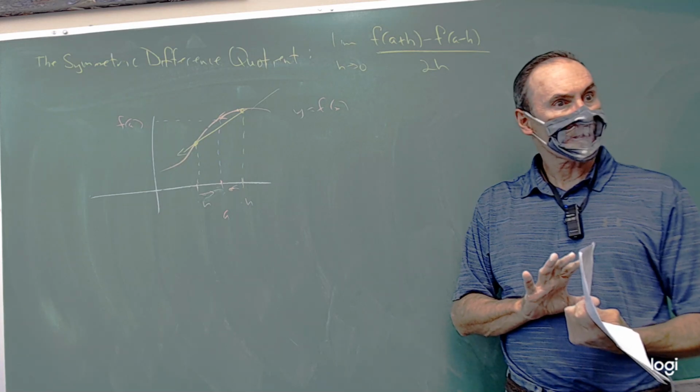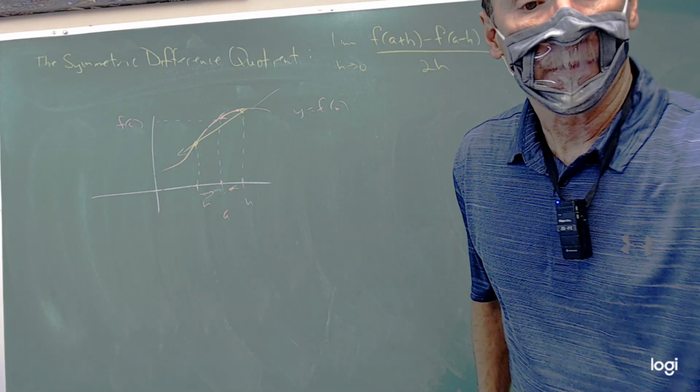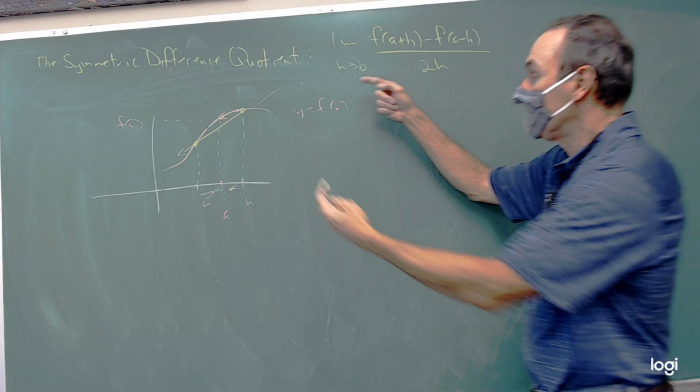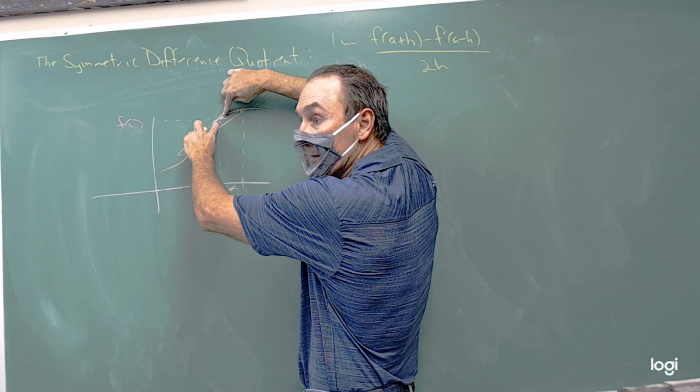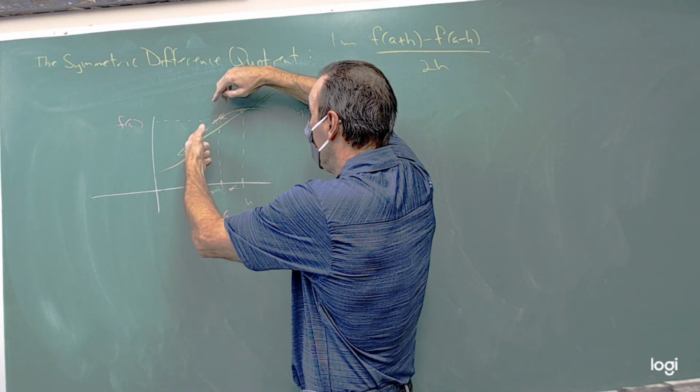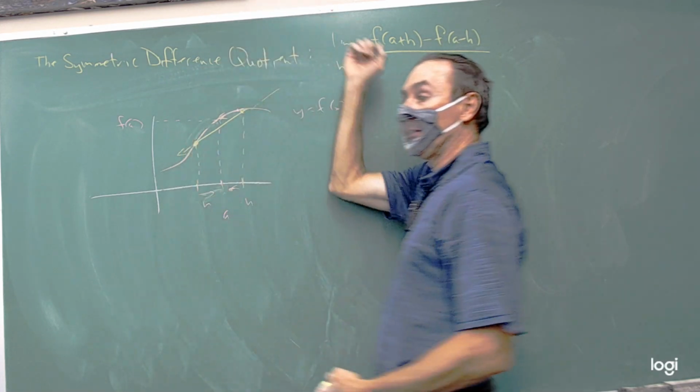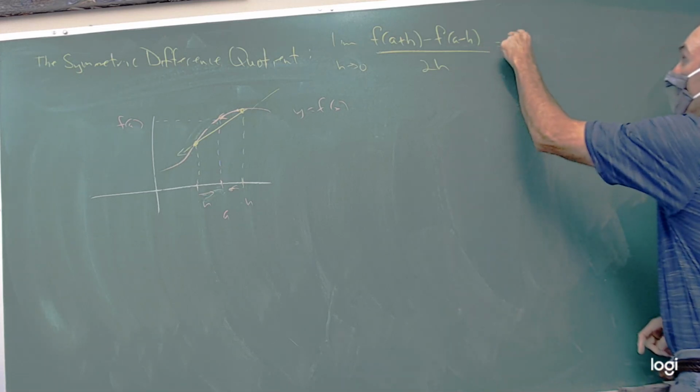Does that kind of make sense? And so if we took that limit, we would just be pushing this towards there and saying, does that limit exist? And so if it did, the claim is that would be f prime of A.